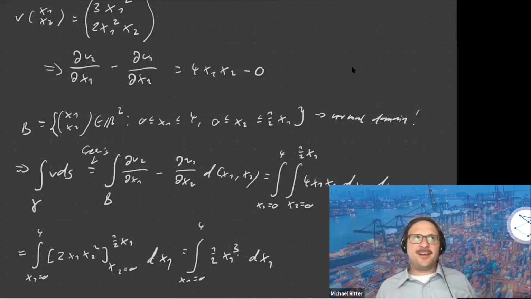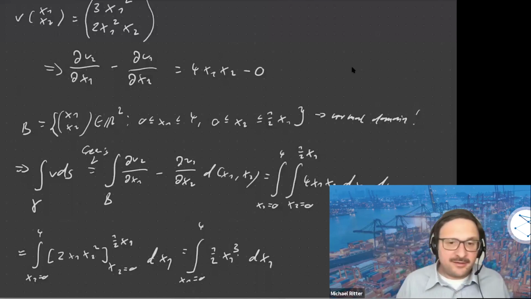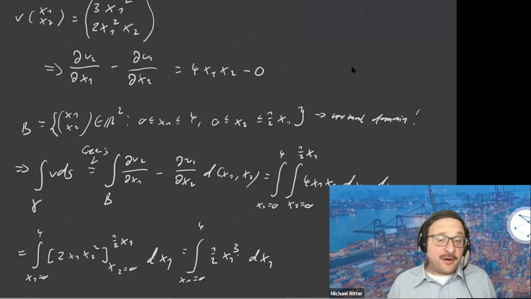For general vector fields, it might depend on the starting and end point, so it might matter which point you actually choose. For conservative vector fields, so gradient fields, the integral along a closed curve is always 0. And that means it doesn't depend on which points you choose.